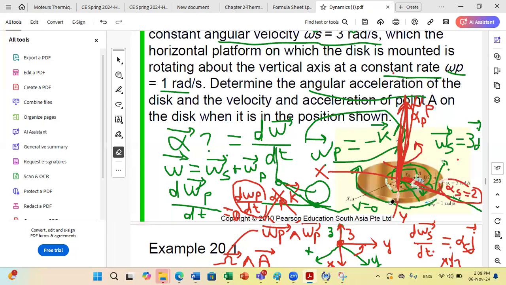So here, we want to determine what is the velocity and acceleration of A. To find the velocity and acceleration of A, we just have to apply the relation between velocity of 2 points. Yani what is the point on this rigid body for which you know the velocity and acceleration? Can you tell me? I know its velocity and acceleration.